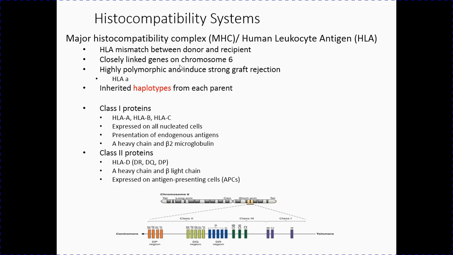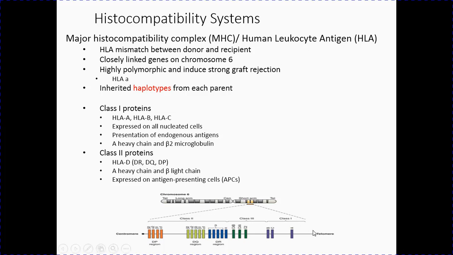If we look at this picture that I think you're all going to recognize from Chapter 2, we're looking at the organizational structure of the MHC complex on, again, the short arm of chromosome 6. Here's the short arm, here's the long arm, and here's the MHC region. Let's take a look at how the genes on chromosome 6 are organized.